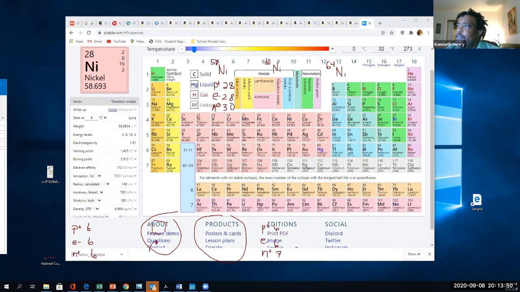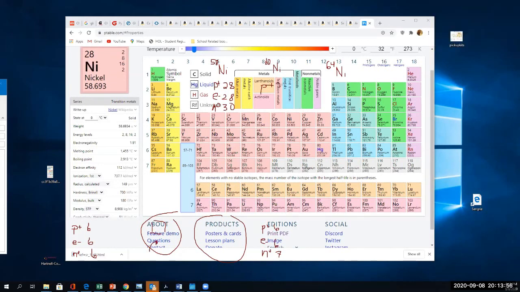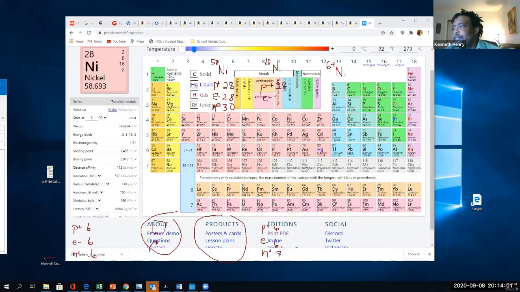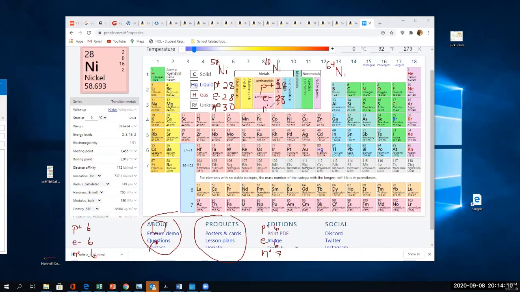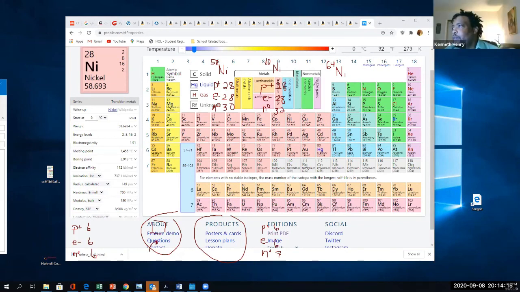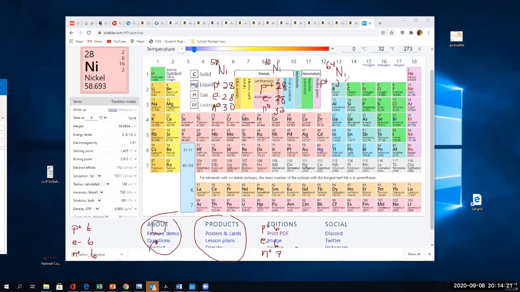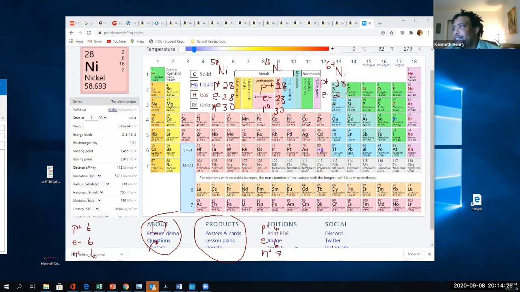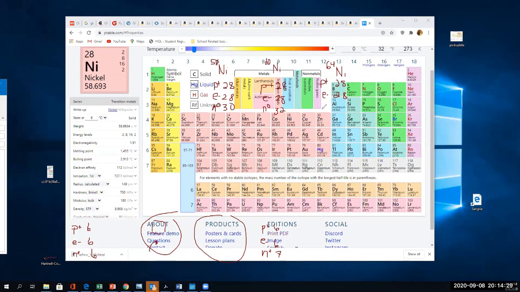What about nickel-60? Protons? 28. Electrons? 28. Neutrons? 32. And what about this one here? Protons? 28. Electrons? 28. Neutrons? 36.